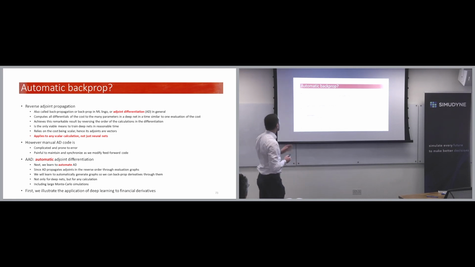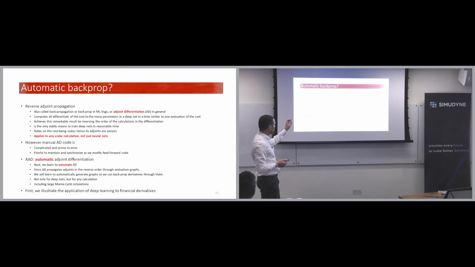What about automatic backprop? Well, this reverse adjoint propagation, this algorithm is what is called backpropagation, backprop in machine learning lingo. Adjoint differentiation in general computes all differentials of a cost to the many parameters in a deep net, in times similar to one evaluation of a cost.